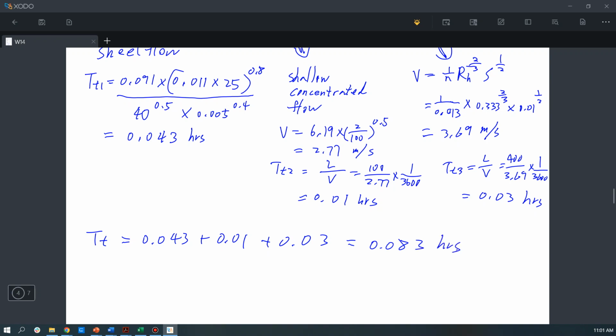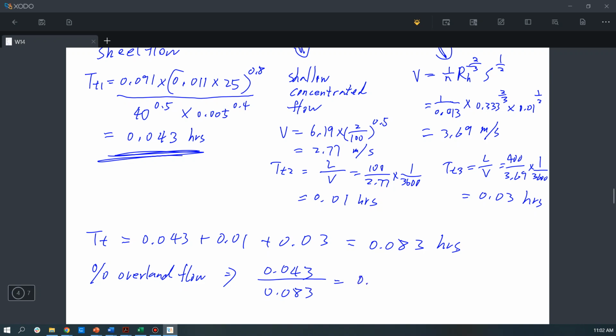And to find the percentage of the overland flow, we have 0.043, this is the overland flow part, divided by the total time of concentration.